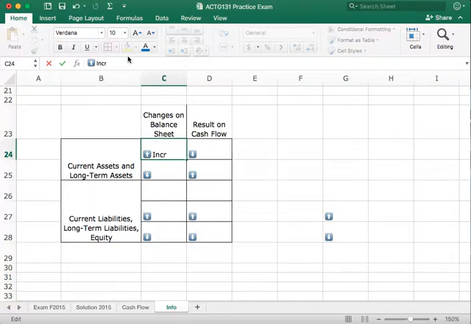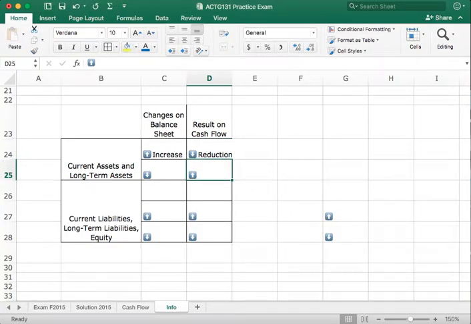If you have an increase on your balance sheet, you're going to show it as a reduction on your statement of cash flows. That means you're going to show it in brackets. If you have a decrease on your balance sheet for your current assets and long-term assets, you're going to show it on the statement of cash flows as an increase.